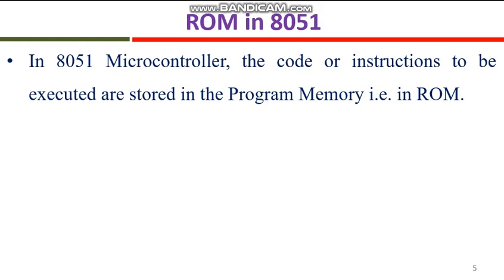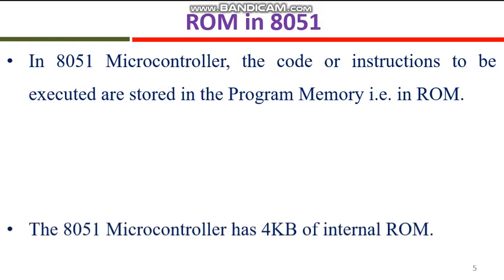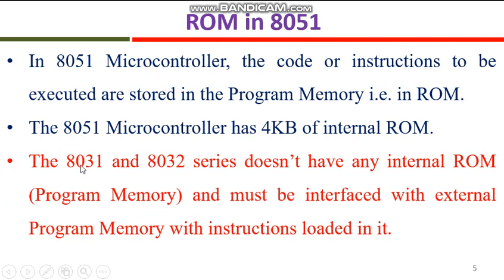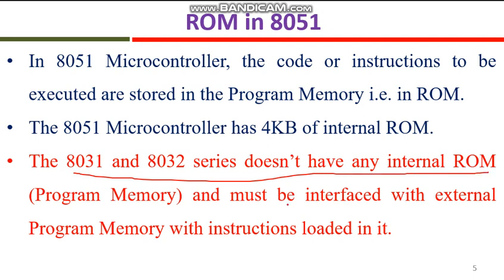In the 8051 microcontroller, the code, or we can say the instructions to be executed, are always stored in program memory, that is the ROM of the 8051, and it is 4 kilobyte of internal ROM. 8031 or 8032 does not have internal ROM, so we must interface with external ROM with instructions loaded in it.